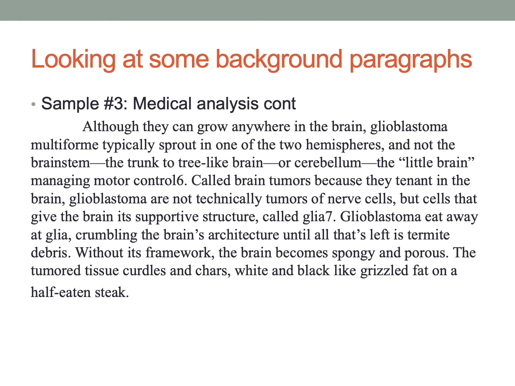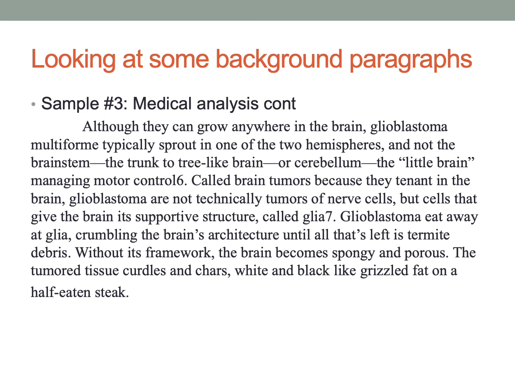So this background section continues. It has multiple paragraphs, and I would encourage you to also do this. Notice they're not long paragraphs, but they do build a nice context for the reader. So here again, we get a little more information about this kind of tumor, why it's in the brain, a little bit about how it interacts with the brain tissues and other tissues.